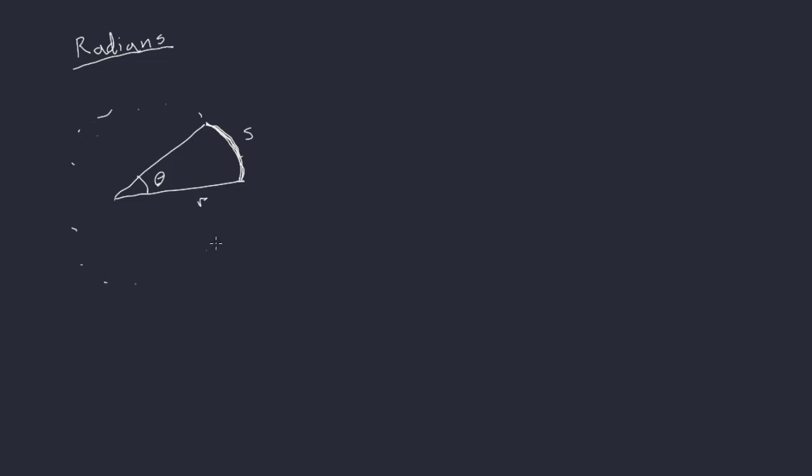So if you always think of an angle sitting inside of a circle, theta in radians is essentially the arc length divided by the radius of the circle. Whatever the units of S are will match whatever the units of R is.